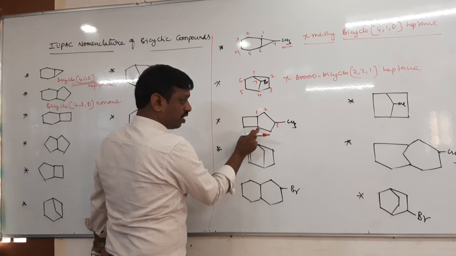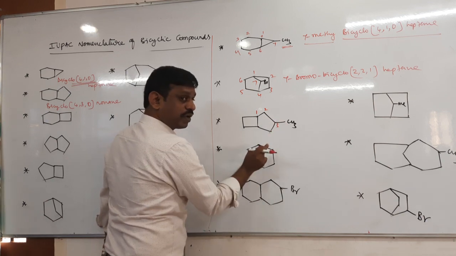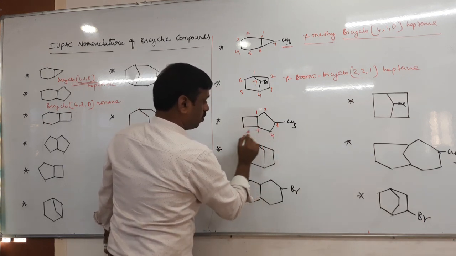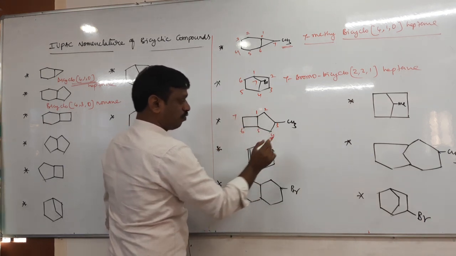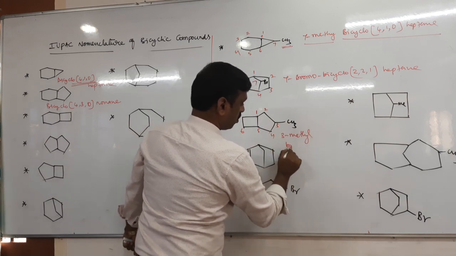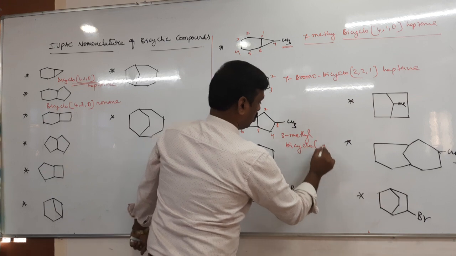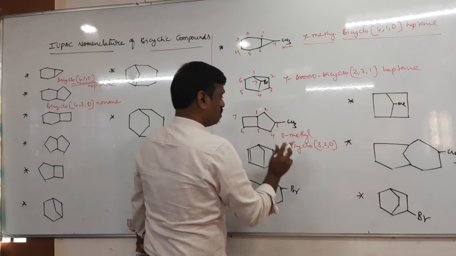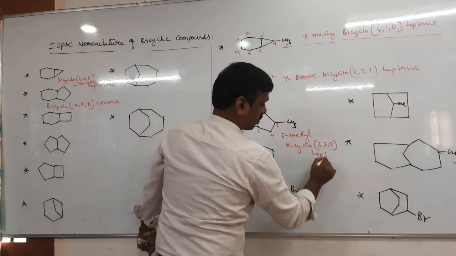Suppose you give 1, 2, 3 from here, the methyl gets the same numbering. The general rules are the same for the remaining: 4, 5, 6, 7. Therefore it is 3-methylbicyclo 3,2,0 heptane.